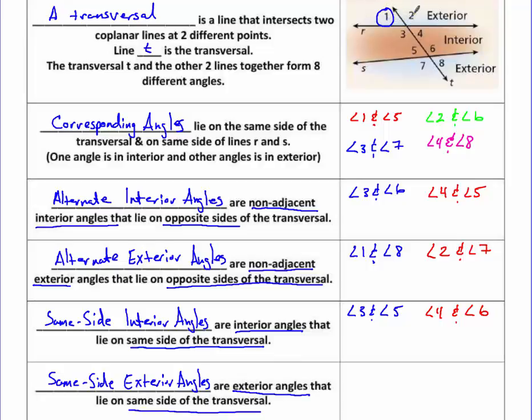Angle 2 is on the wrong side of the transversal, so the only other one is angle 7. So angle 1 and angle 7 are same side exterior angles. And just like we've had, angle 2 and angle 8 are also same side exterior angles. So it's very important that you know these names.